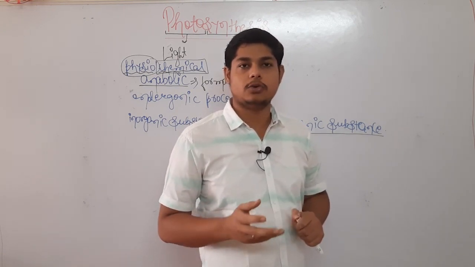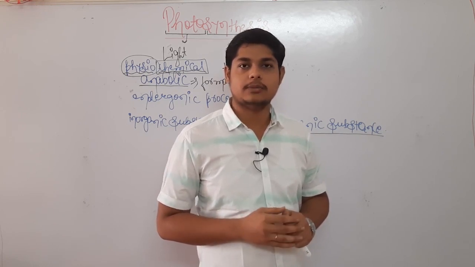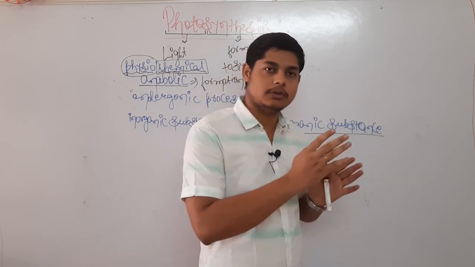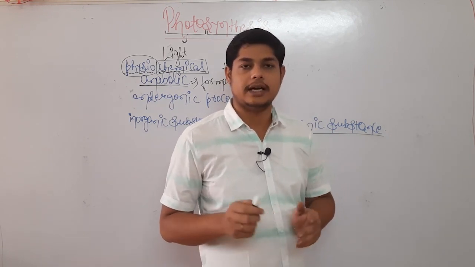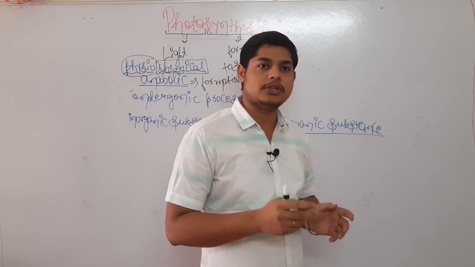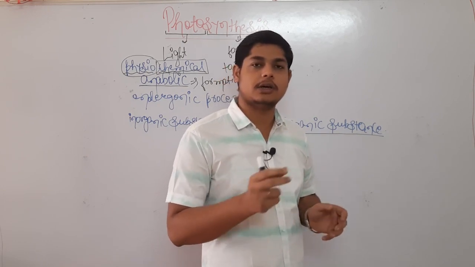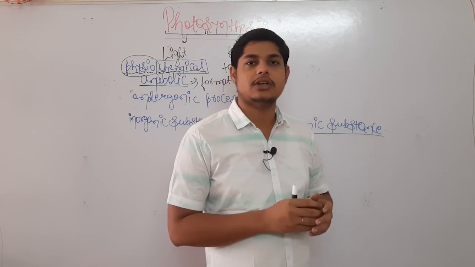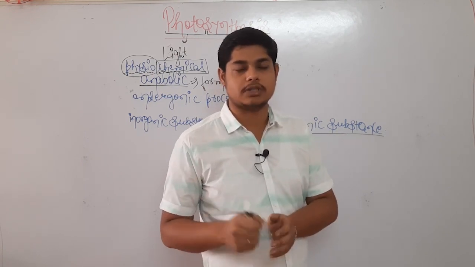Metabolism is divided into two types, that is catabolism and anabolism. Catabolism means breakdown of complex substance into simpler substance, and anabolism means formation. New or simple substances come together, they react and they form an entirely new substance.